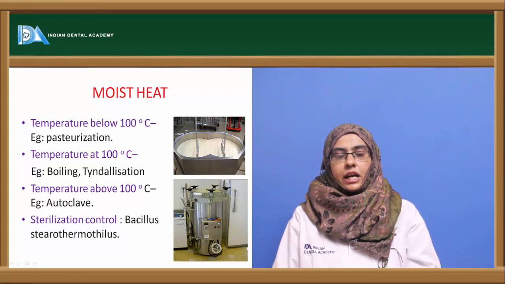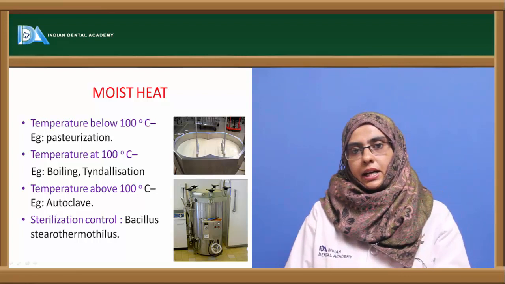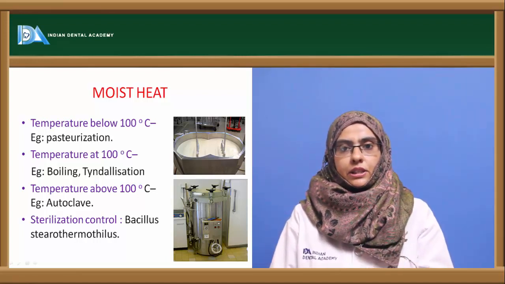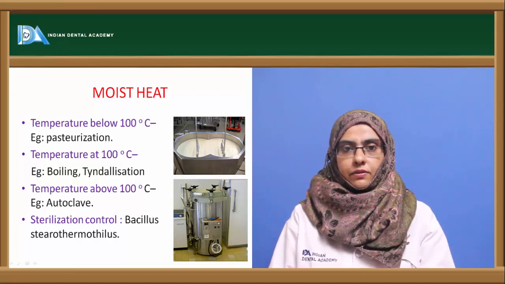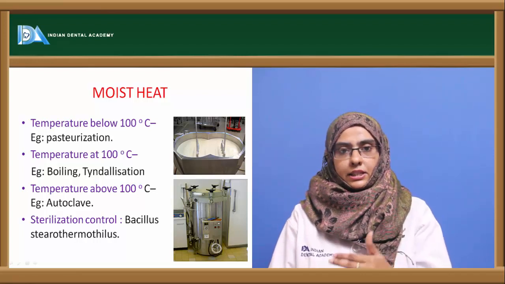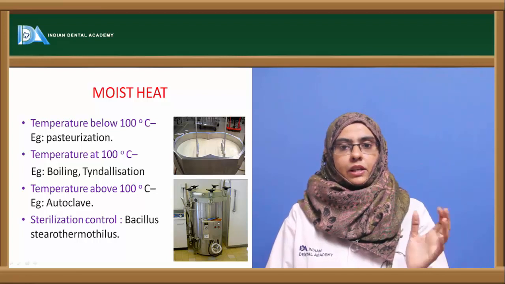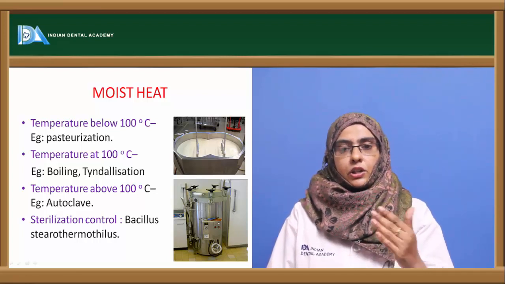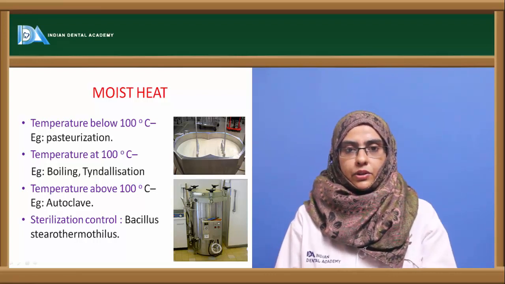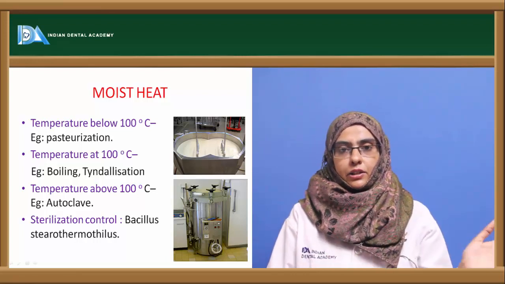Tyndallization is a process carried out for 3 successive days. The logic behind this is, when you expose the organisms to 100 degrees centigrade for 30 minutes on the first day, you are killing most of the vegetative forms. Then on the next day, the sporulating forms that are present will germinate into vegetative forms, so on the second day you kill the organisms that have developed into vegetative cells, and on the third day you again completely eliminate the organisms.